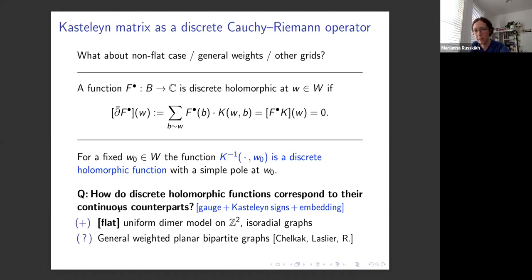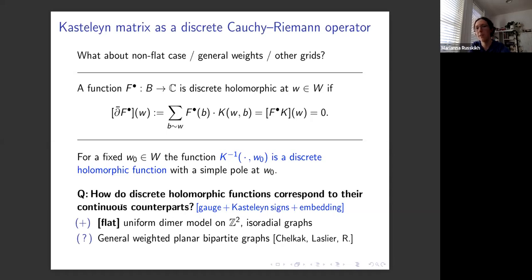And we saw already that in the case of the square lattice, there is a good notion of discrete d-bar operator. Note that there is no unique definition for the discrete Cauchy-Riemann operator or Laplace operator.